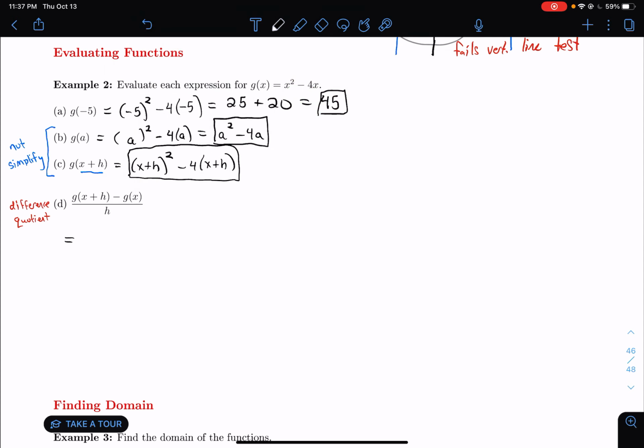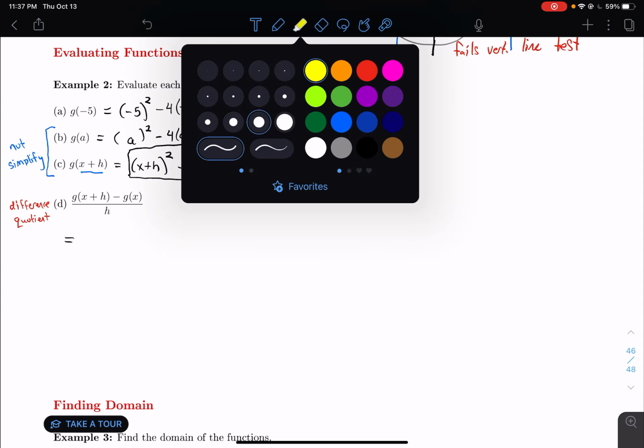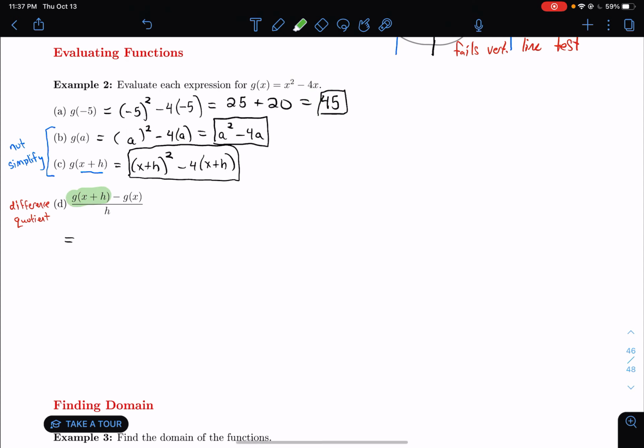Well, we just did g of x plus h. Like we just figured out, wait, g of x plus h equals all of this. So let's use that. So I know that first term in the numerator is x plus h squared minus 4 times x plus h.